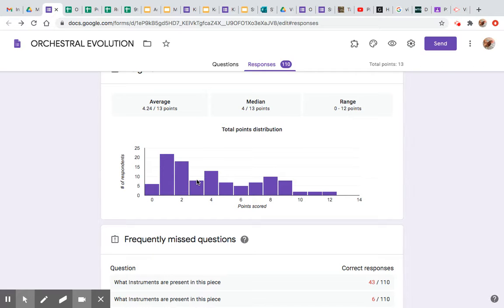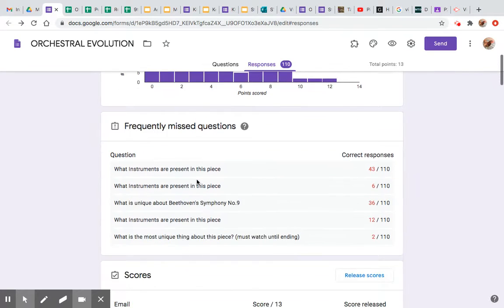But what I want to talk about more importantly is the way to get this work done. If you ever had a question like, what instruments are in this piece of music, where you're asked to watch the video and tell me what instruments you saw and heard, that's one way, right? Just watching the video and really paying attention to what you see and hear. And then the other way is by using Google.